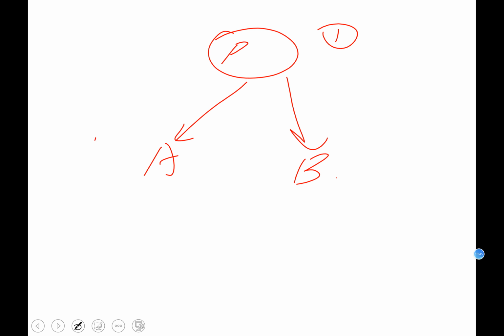If he gets a head, he goes into A. If he gets a tail, he goes to group B.